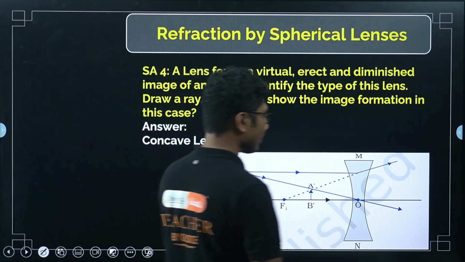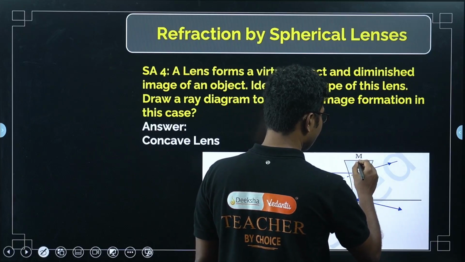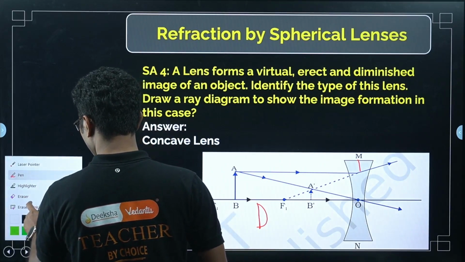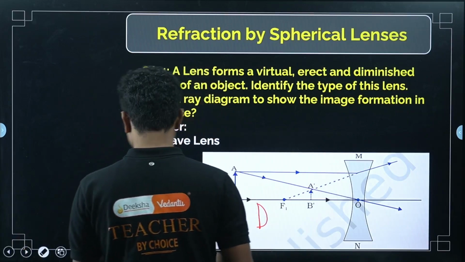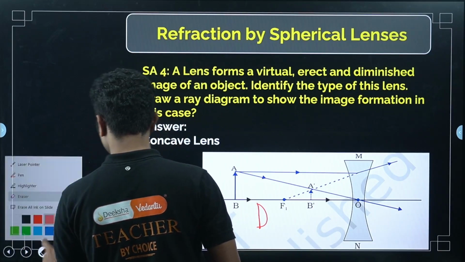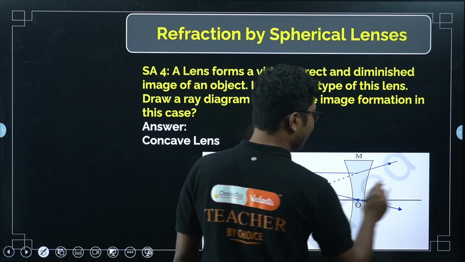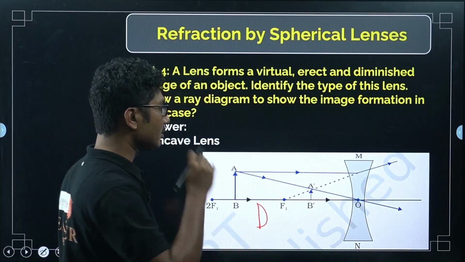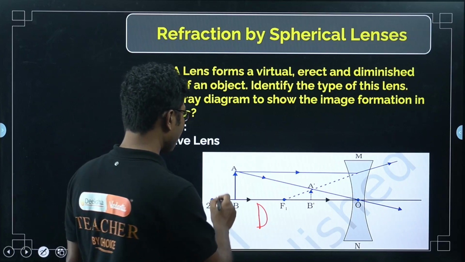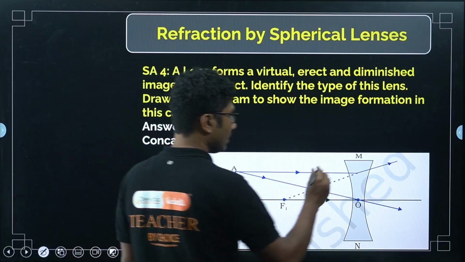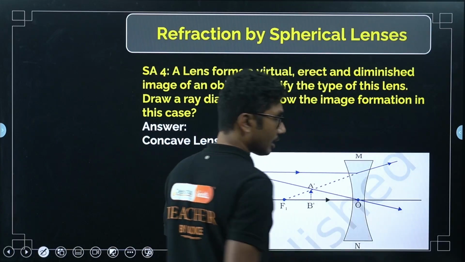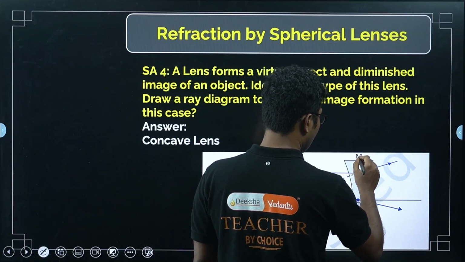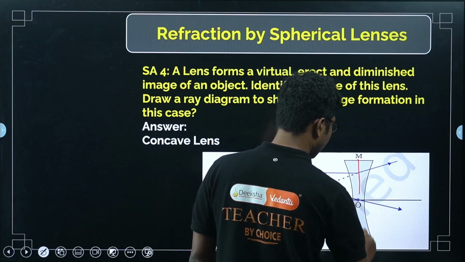First, you have to draw a straight line like this. This is the principal axis. Obviously you have to draw it first. There is no exception for mirrors or lenses. Then, if you are drawing a concave lens, take the extreme rightmost point as far as possible, then draw a line like this.